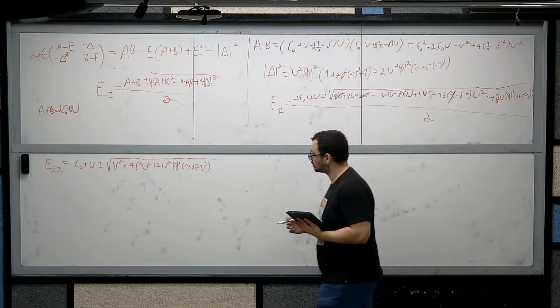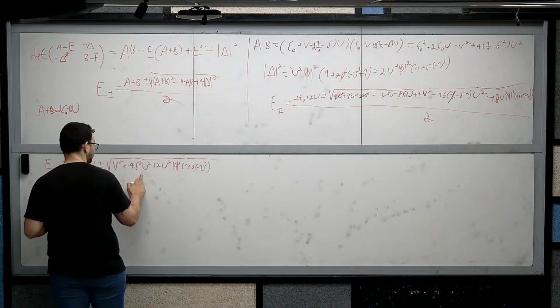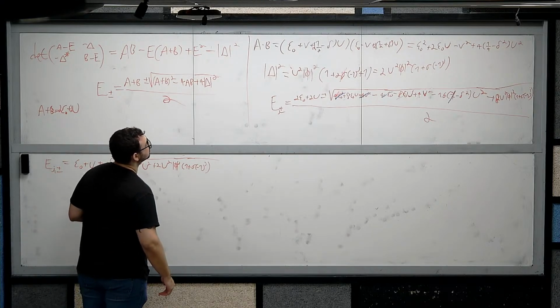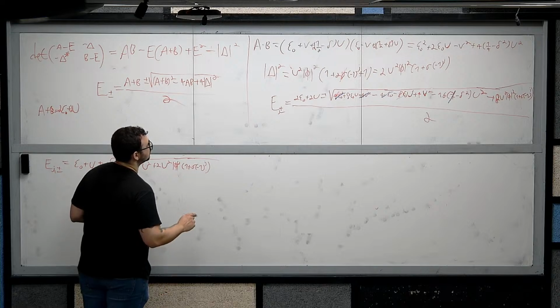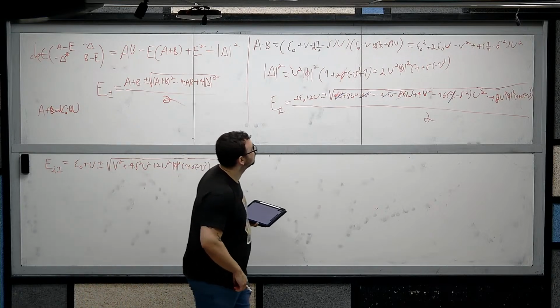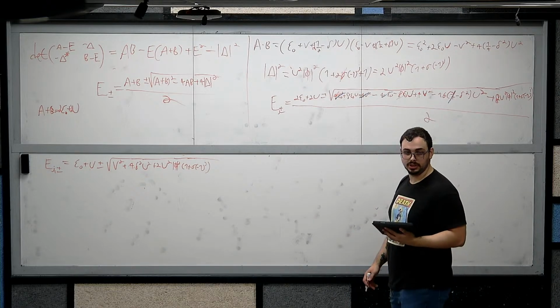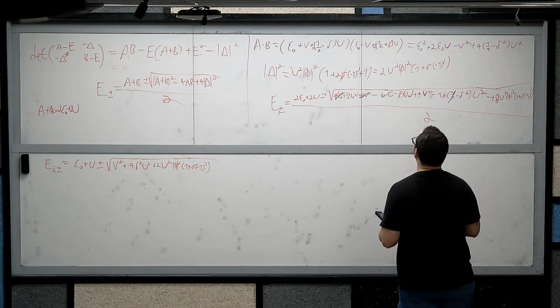Then in the end it will be v squared plus 4 delta squared u squared plus, not minus, 4v delta u. Minus 4v delta u.